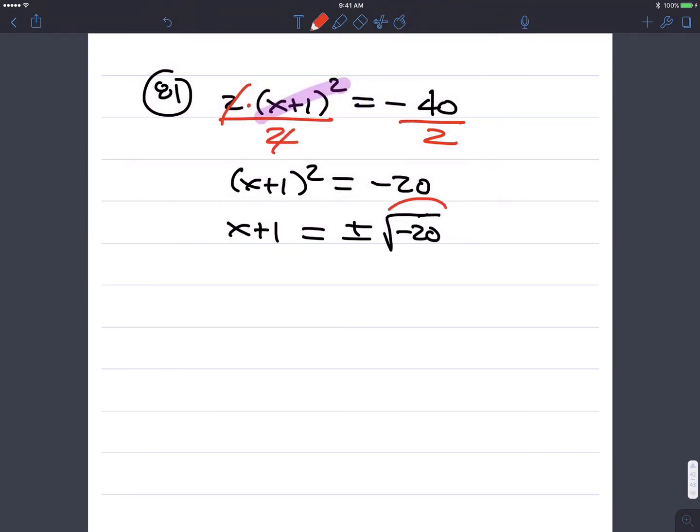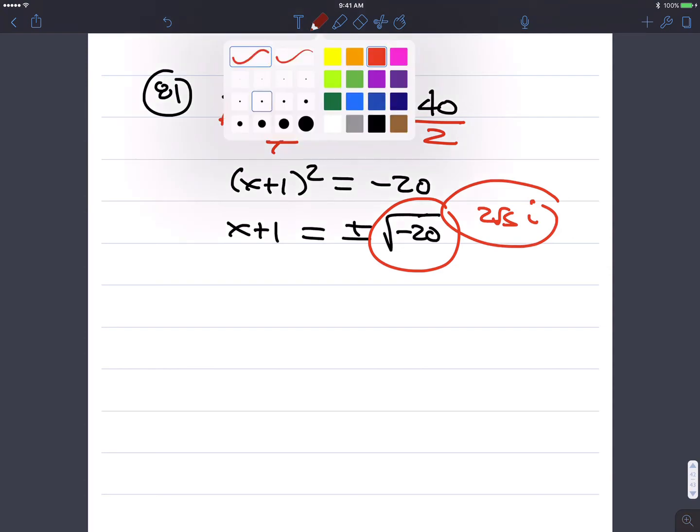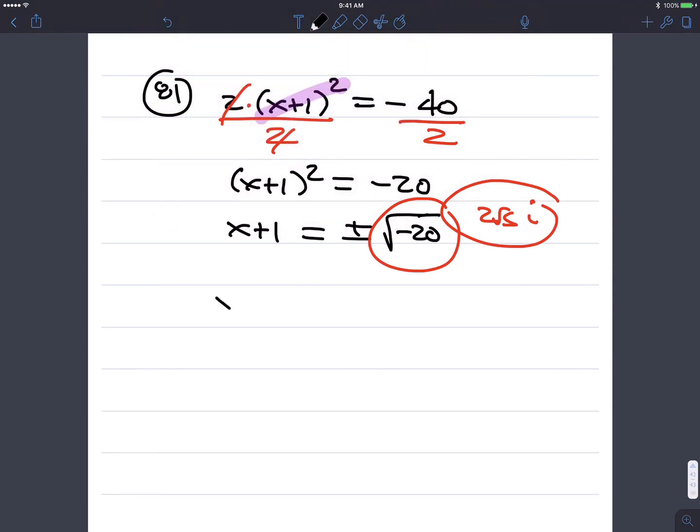Simplify the radical. Square root of negative 20 becomes, excuse me, that's not 4, that is actually 2 square root of 5i. Check your homework. Simplify your radical. x + 1 will be plus or minus 2 square root of 5i.